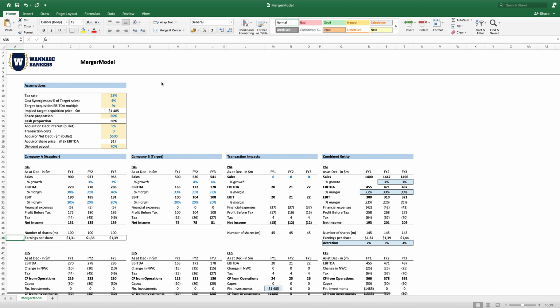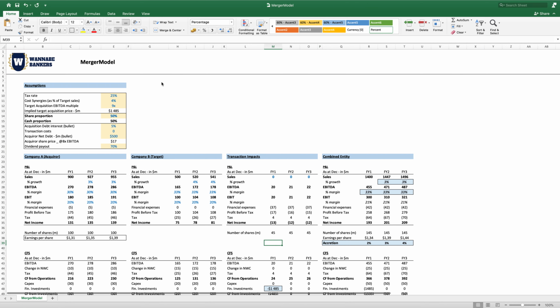Based on the assumptions that I took in this example, we see that this transaction is accretive on the EPS. It depends, but what I'm used to seeing is something in the region of 2-3% accretion or dilution.